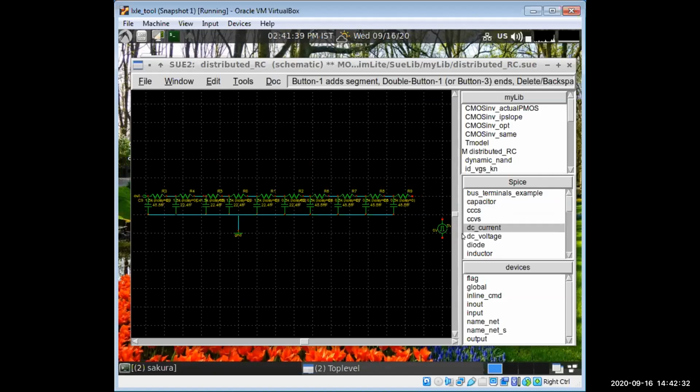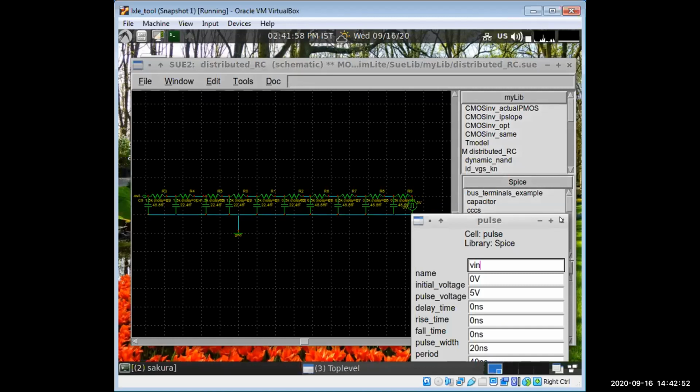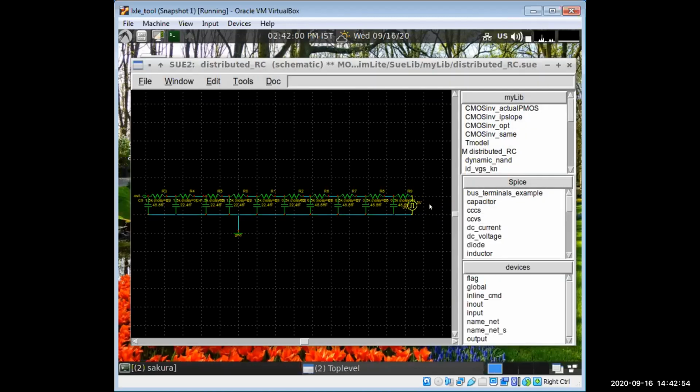Okay, this is connected to this. There will be a pulse network here at the input. Then this will also be connected to the ground. The same one. Okay, now it is changed.